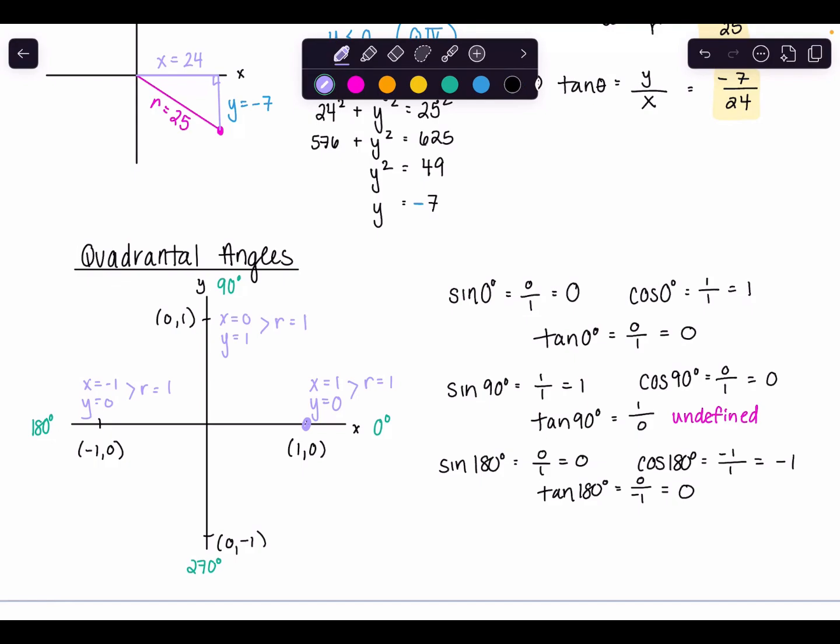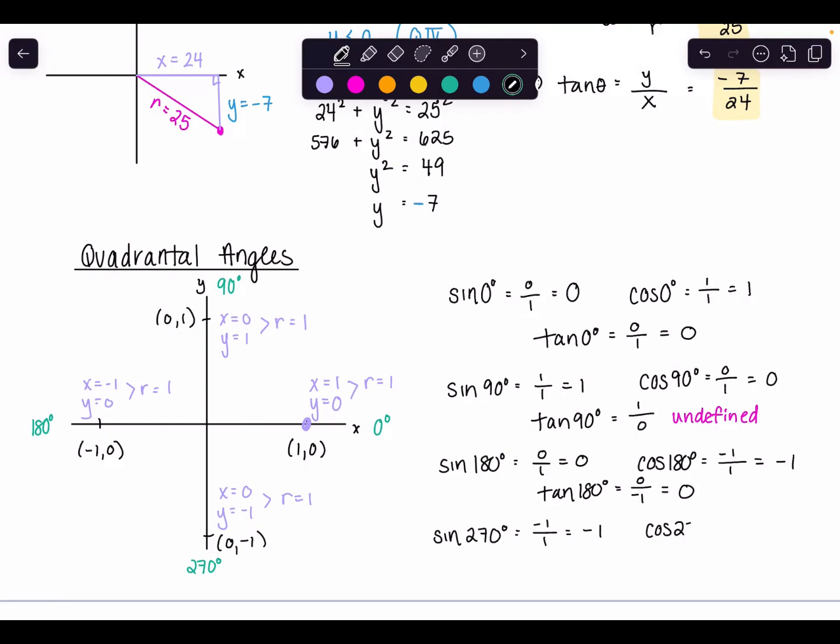Last but not least, our fourth quadrantal angle is 270. So here your x is 0, your y is negative 1, and again it leads to the radius or r, the hypotenuse, being positive 1. So sine of 270 degrees is going to be negative 1 over 1, giving you negative 1.